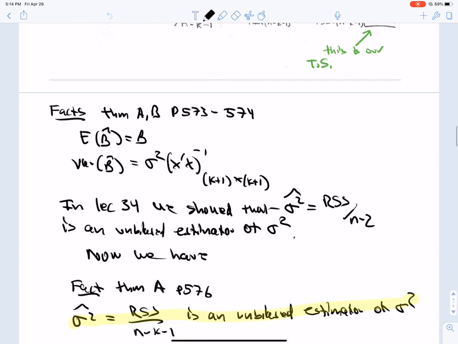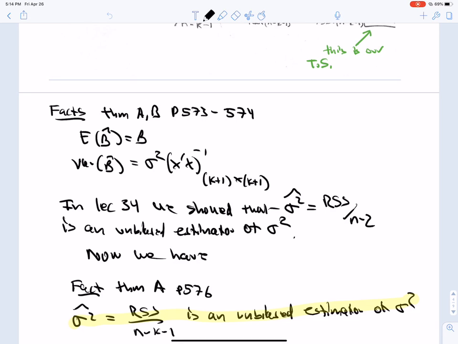So facts from Theorem A on page 573, 575, 774 are that beta hat is an unbiased estimator, and its variance is given by sigma squared X transpose X inverse. So this is the variance covariance matrix.